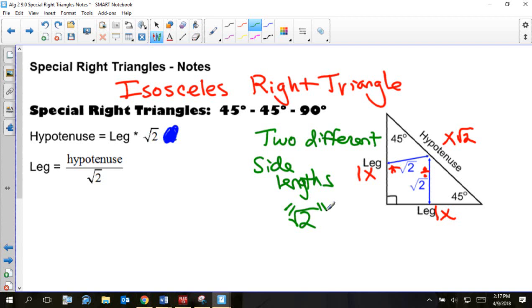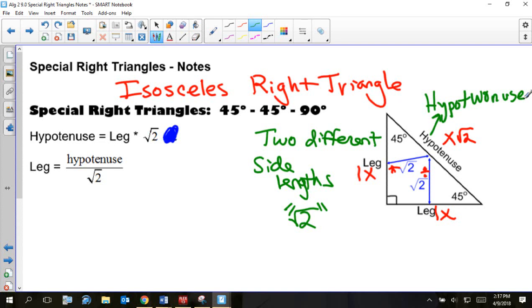And the hypotenuse, I'm going to say really funny. I'm going to call it the hypotenuse. So I can remember that the square root of 2 is part of the hypotenuse. I don't know how you say it, but I'm going to say it that way.